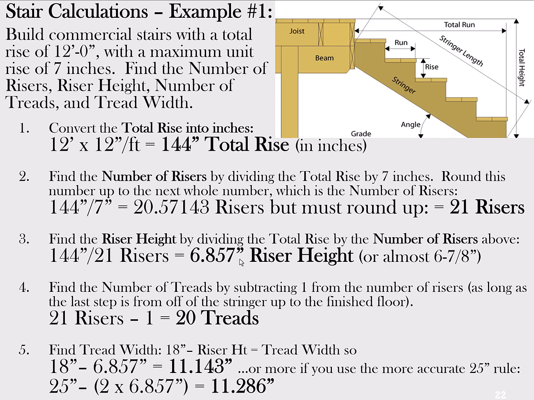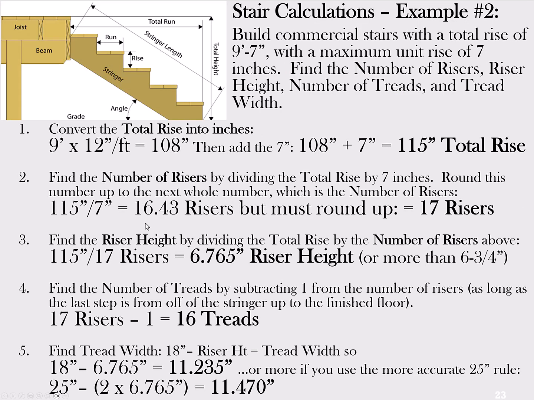Now, if we use the 25-inch rule, I threw that in here, 25 minus 2 times 6.857, we got a little bit different number. It's more accurate to use the 25 rule, but it was pretty close, within 1/8 of an inch anyway. So just something to file away and remember someday.